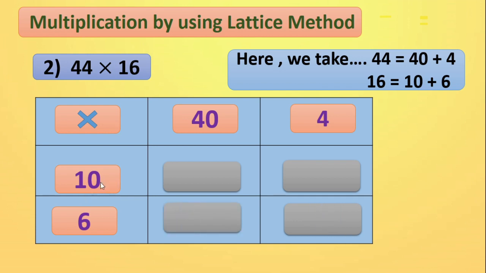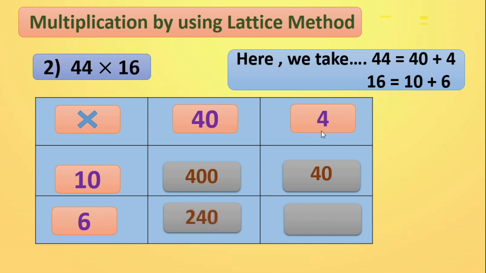First we will go for 10 multiplied by 40. The simple method is, 10 fours are how much? 40. So 10 fours are 40 and one more 0, that is 400. Now 6 fours are 24 and one more 0, that is nothing but 240.